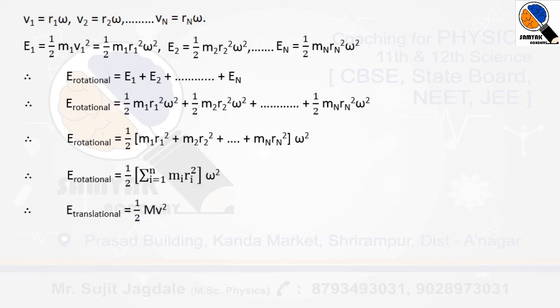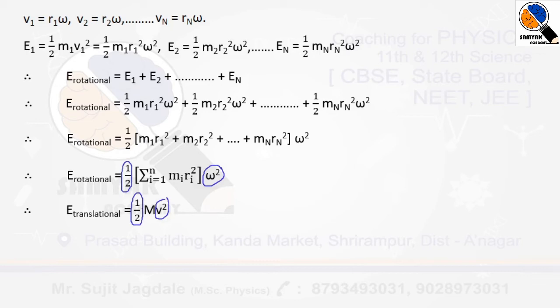In the same way, if we compare these two equations, E rotational and E translational, we get the same factors. 1/2 is common in both equations. Then v² is replaced by ω². That means linear velocity is replaced by angular velocity, because the particles perform circular motion, hence we consider angular velocity.